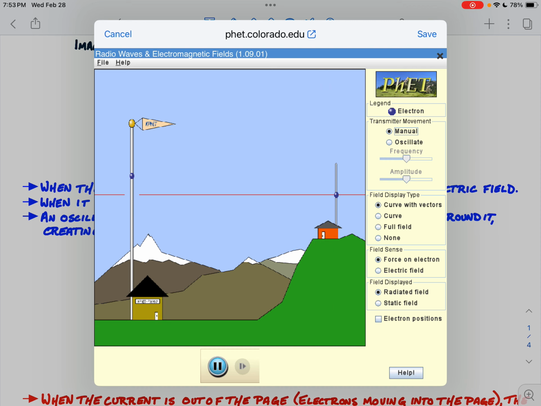You should notice that as that up and down field hits it, it causes the electrons in that metal rod a long distance away to oscillate as well. If you think about that, that's really, really cool. It's a way that I can get shaking electrons in one pole to cause electrons in a completely different pole, maybe miles away, to also shake.